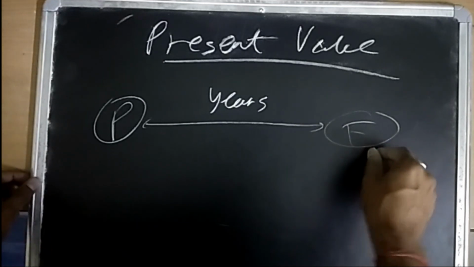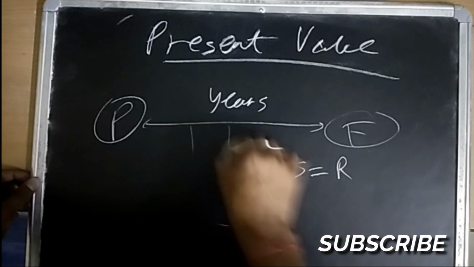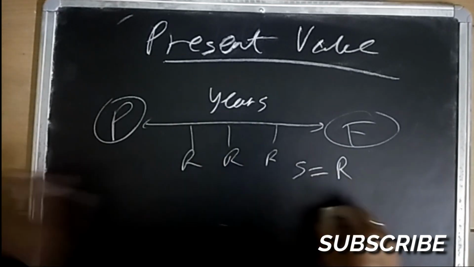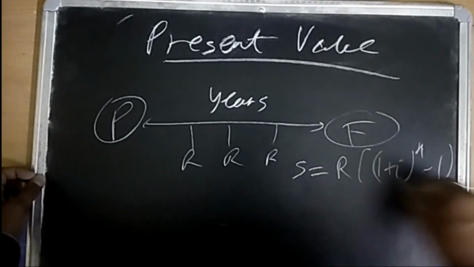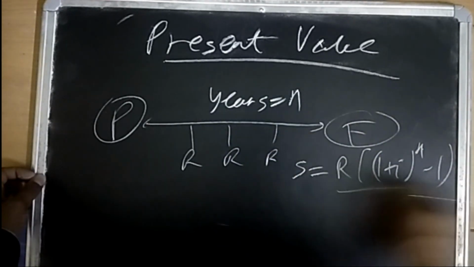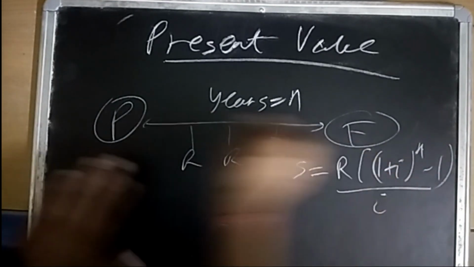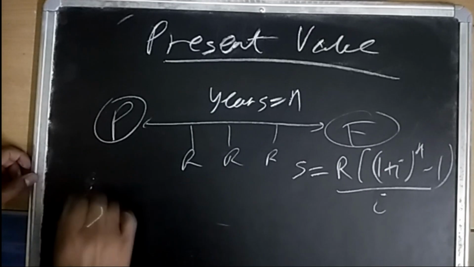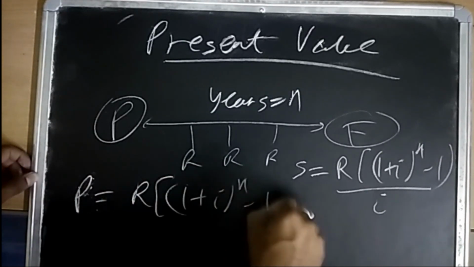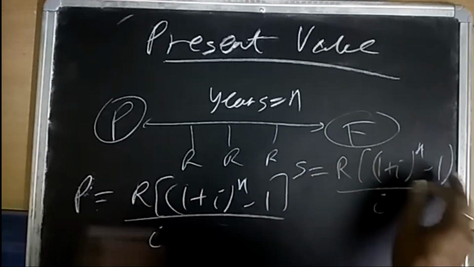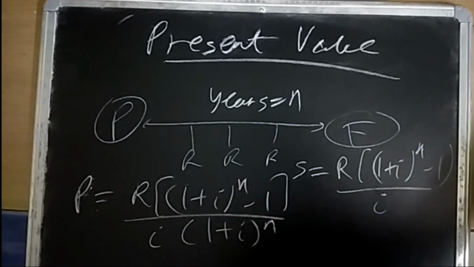Okay, we know the future value is this S. If R was invested like this, so it was S equals R times (1 plus I) to the power n minus 1, this is n, divided by I. And for the present, what we do is we take this back. So present means, let's say, R times (1 plus I) to the power n minus 1 divided by I, same thing, just divided by (1 plus I) to the power n. This is the present.